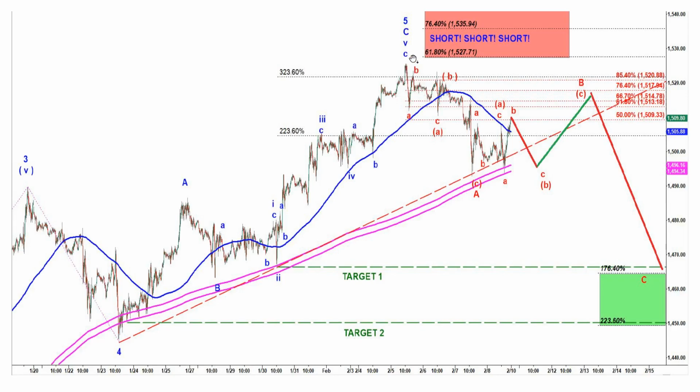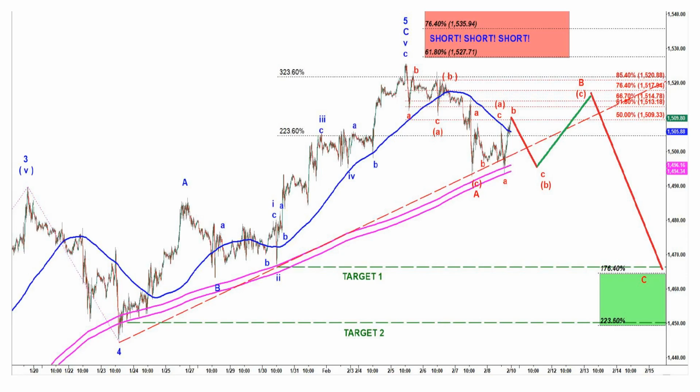And so here we got an easy entry because we could get an impulsive structure of the final wave C up. Here we would not get such an easy entry. Let's see what happens, but so far we see that the red trend line has held twice, and that important moving average in magenta color has held twice.